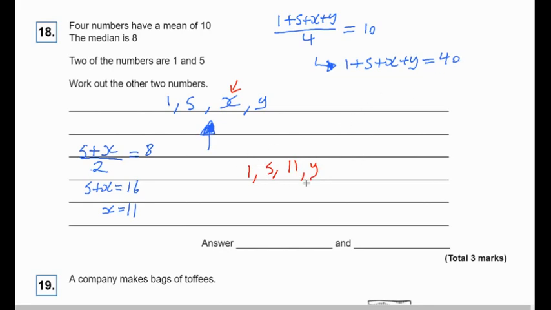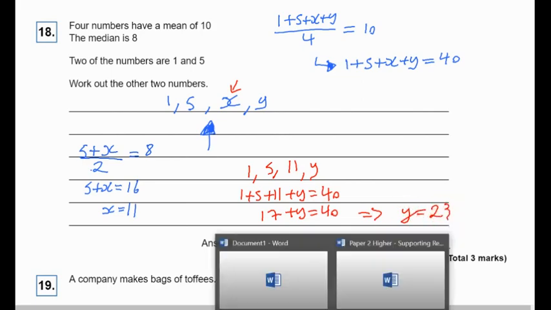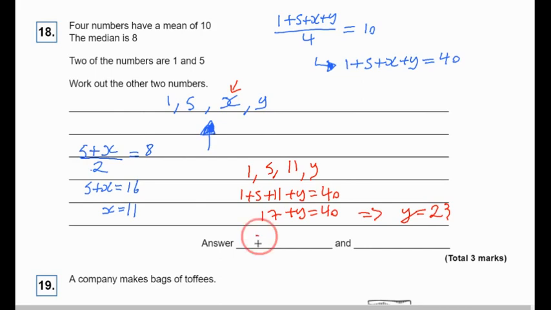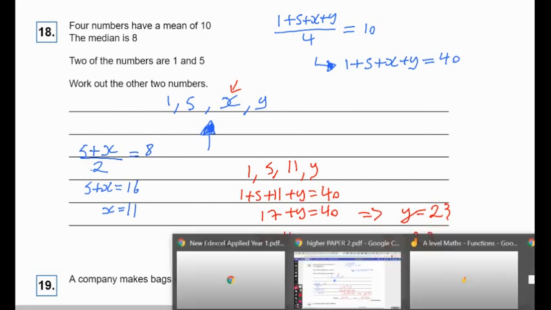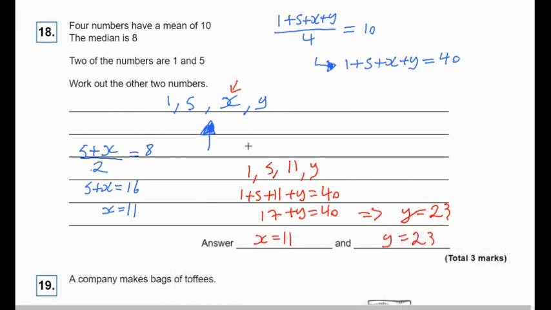So if you have 1 plus 5 plus 11 plus Y is equal to 40, well, that gives you 17 plus Y equals 40, which implies that Y must be equal to 23. So we're good. Those are our answers. X equals 11 and Y equals 23. That's it for that question.